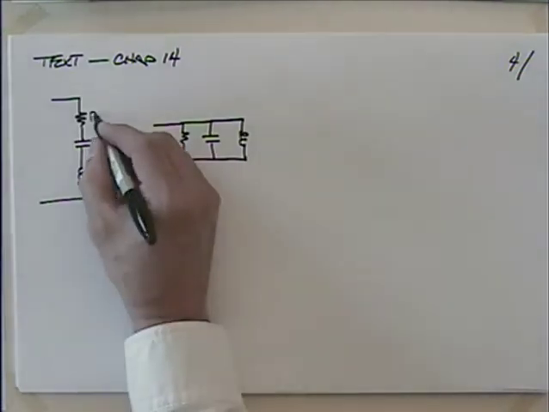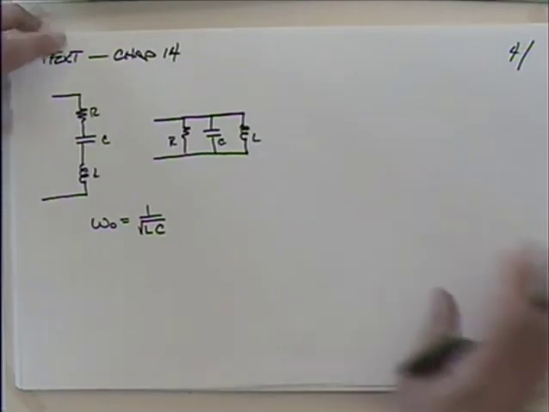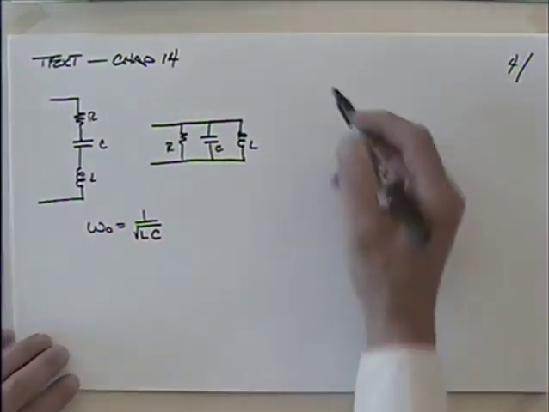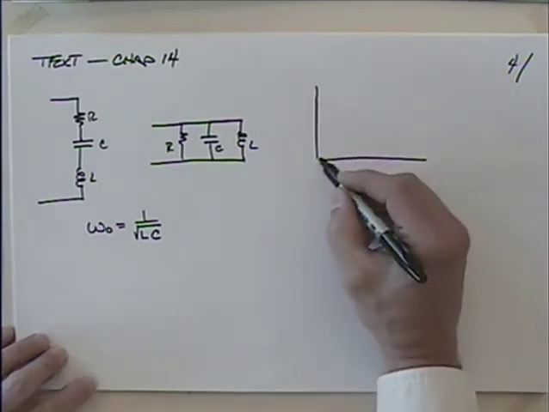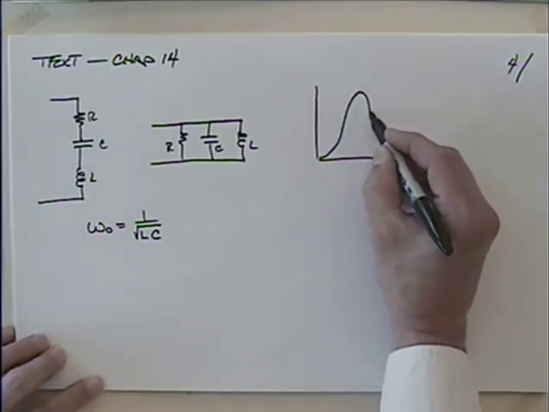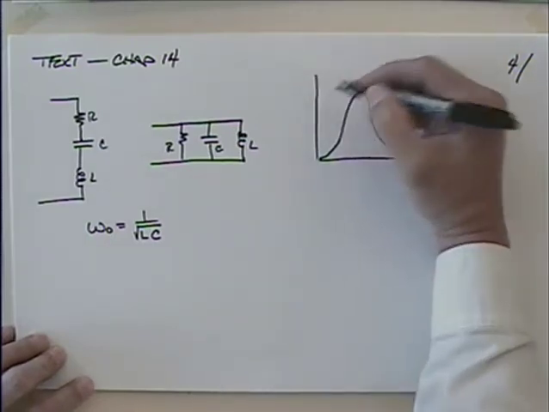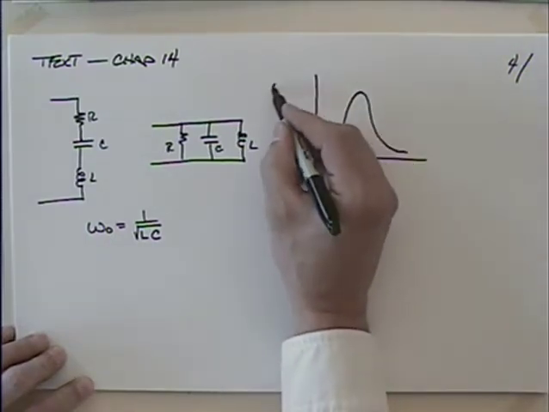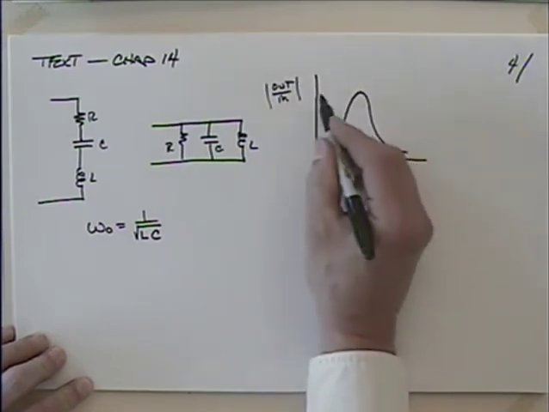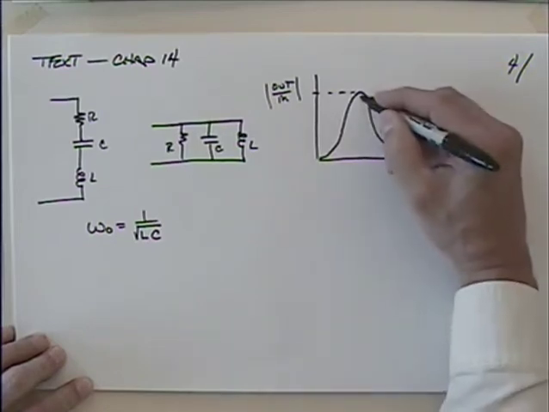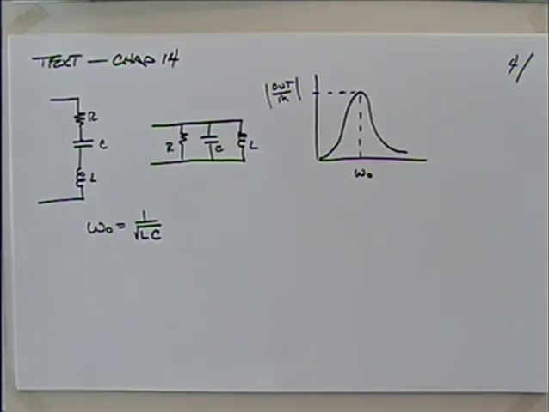Where we had R and C and L. And when we put this onto a filter, if we do a band pass, we could do a variety of different filters, but we could show this on the band pass like this, where we get this output over input. That's our transfer function, and where that goes to that value, that would be our omega naught. Remember when we did that?